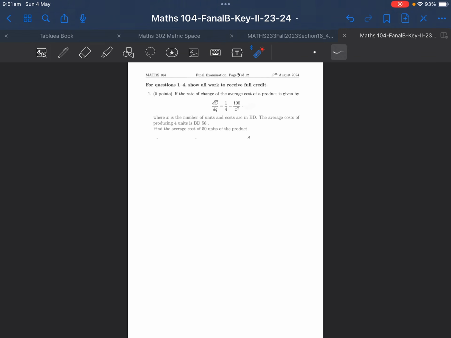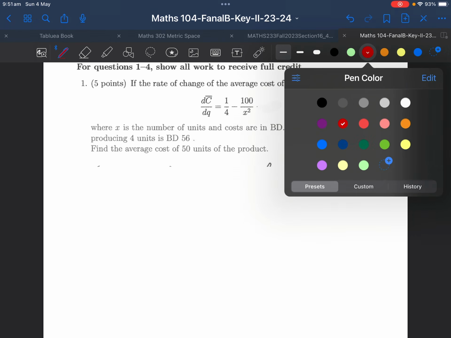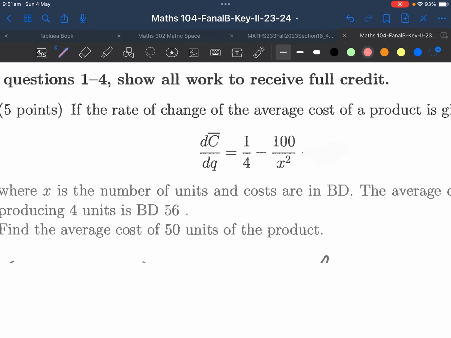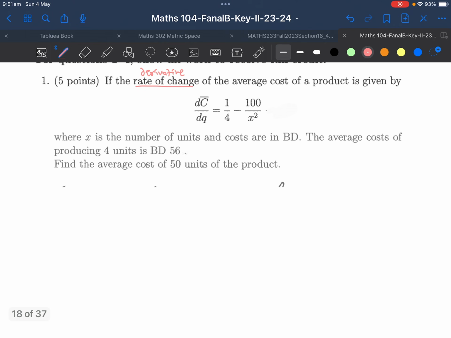Last written question is the following. It says that the rate of change of the average cost is given by this. So I have the derivative. Remember, if I say the rate of change, what I really mean here is I'm giving you the derivative and I'm asking you to find the original function. So how do you find the original function if we have the derivative?